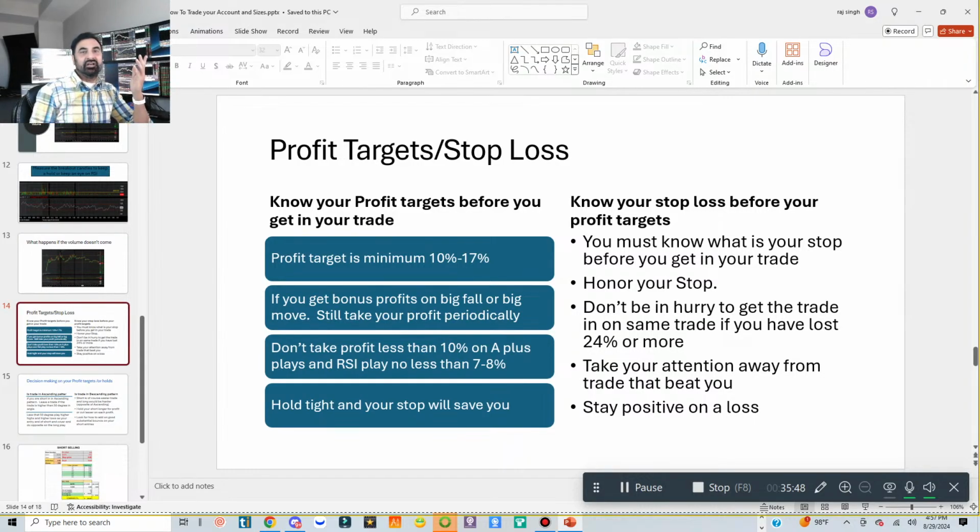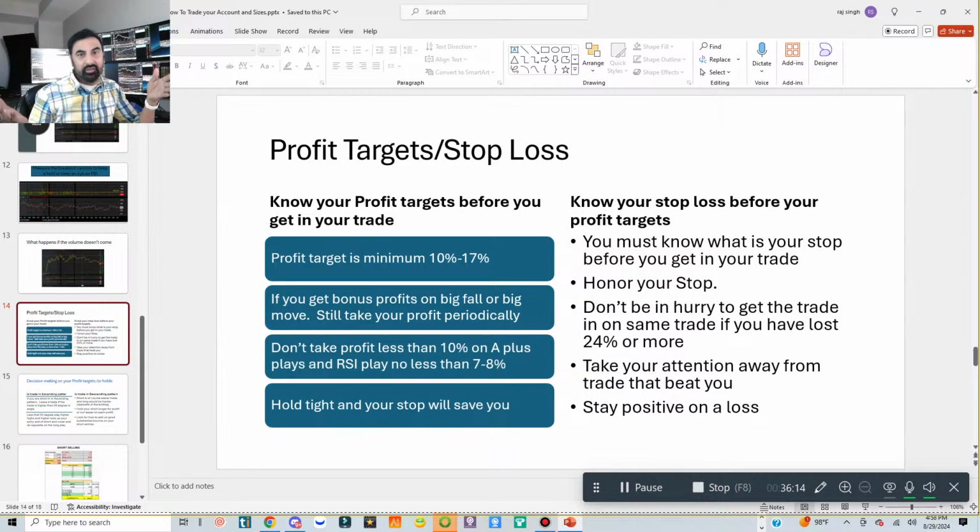We get emotionally caught up every couple of months and we think, hey, it's going to fall. And here we are at 35%, 40% loss. And that day looks terrible. Okay? Of course, with that stock only, we have other stocks to trade. So don't be in a hurry to get in a trade. And if you're in a trade and you've lost 24% or more, don't be in a hurry to get back in that trade. Okay? Take your attention away from the trade that beat you.